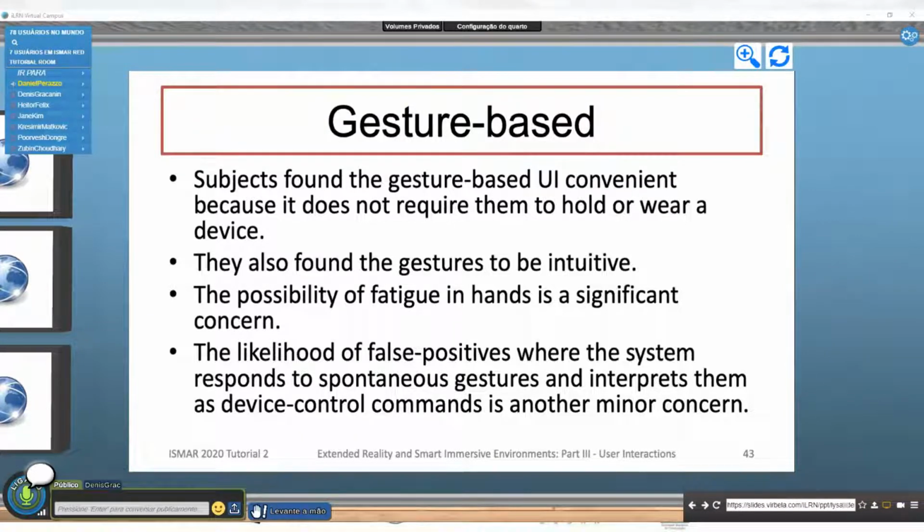One of the concerns is fatigue, but those are the types of tasks that you don't do often or for a prolonged period of time, so occasional control of the light, gesture-based modality is certainly acceptable. Another challenge, as we mentioned before, is the likelihood of false positives, where the system interprets gestures that are not meant to be there.